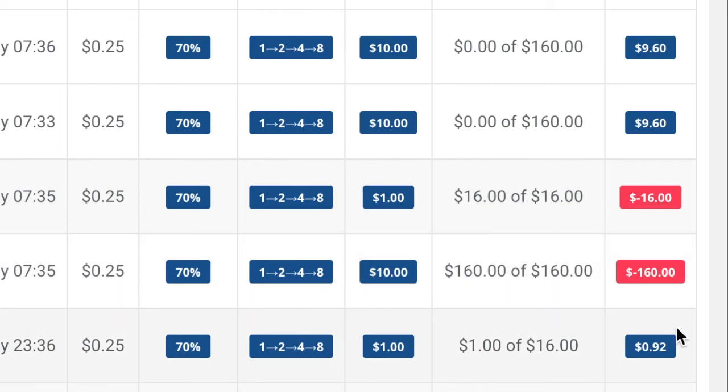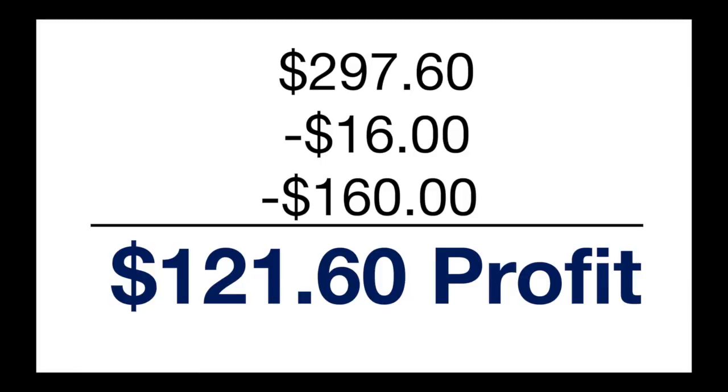So just because a robot had lots and lots of winning trades doesn't mean it's going to win the next trade. It's all based on market conditions and what happens with the charts and so on. So all trading comes with risk. So only trade with money you can afford to lose. Obviously, you want to make a profit like I have, and that's the $121.60 profit I made after those two losses.